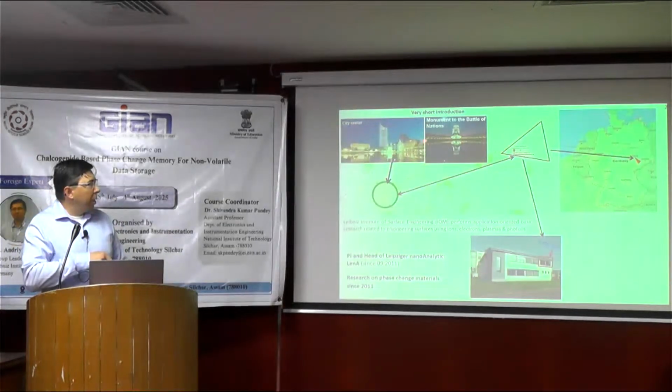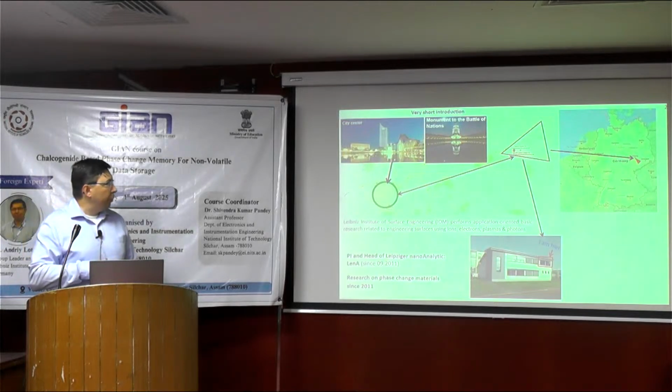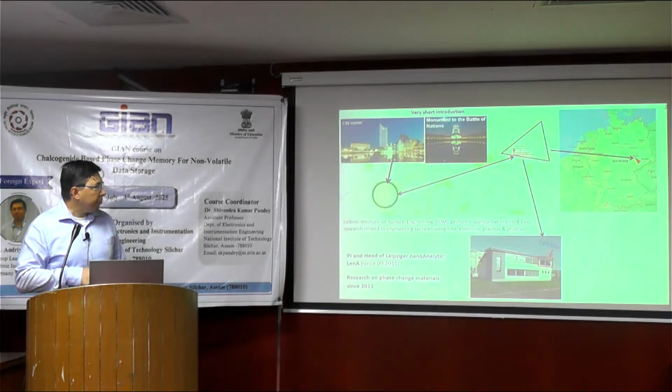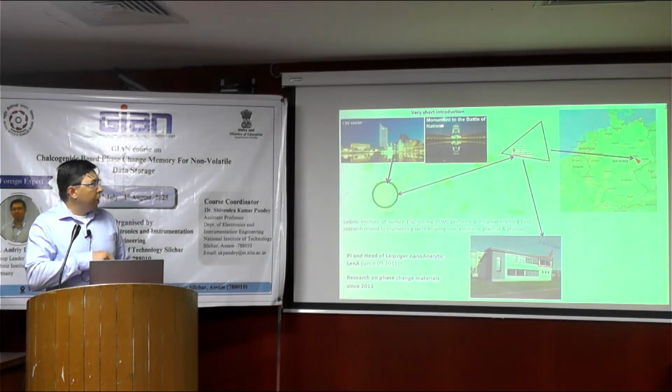Last year, I did a workshop on phase change memory materials in this building. We also have a nice monument to the Battle of the Nations. It was built in 1914, after the First War.